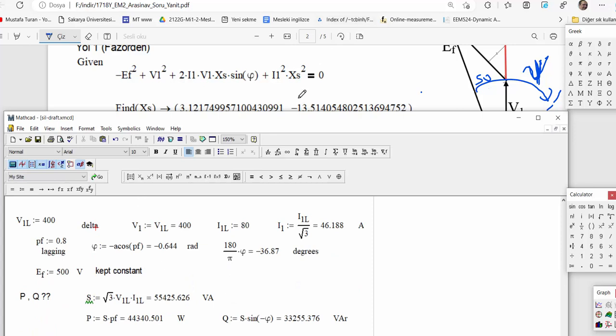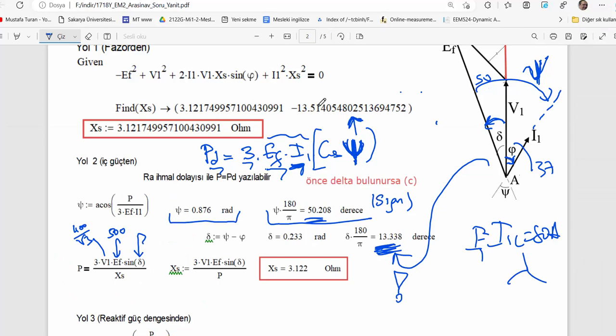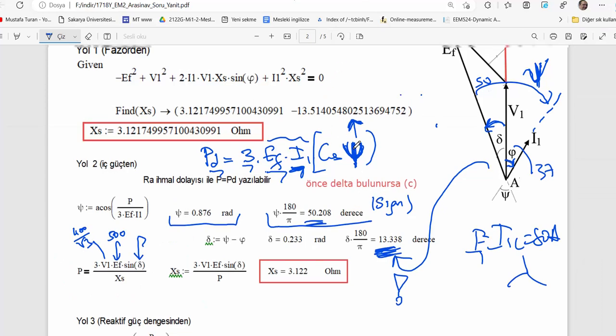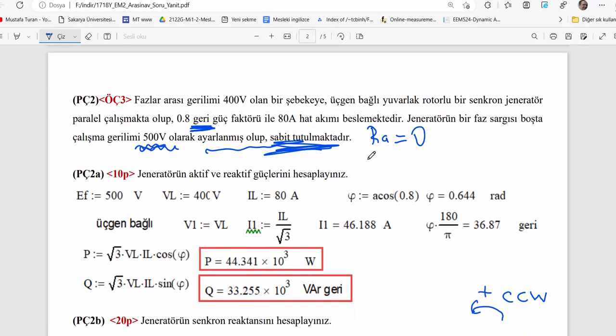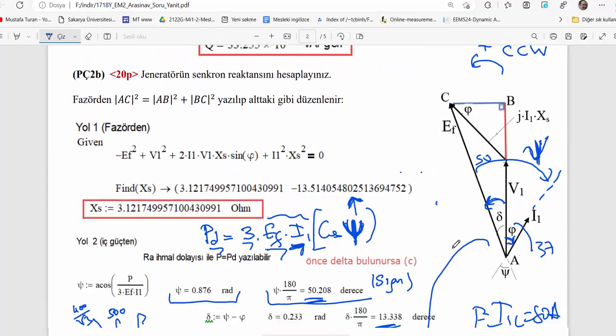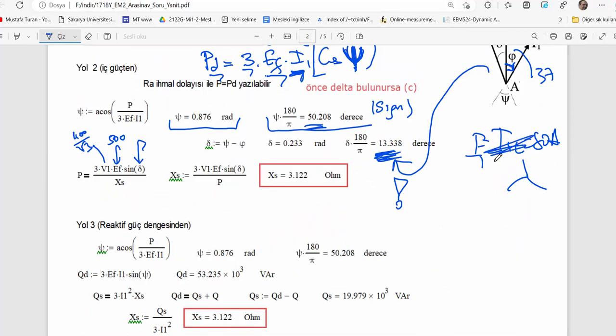Houston. Let's read it again. I am not sure. Delta and star get confused. It is delta connected, so V1 is equal to V1 line. It is 400 volts. But for the line current, somewhere here I wrote it wrong.